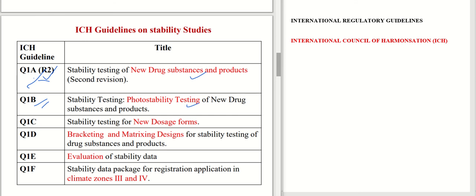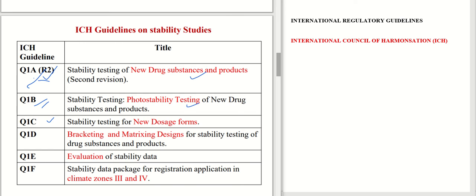Similarly, for new dosage forms, for example, if we discover or invent a new dosage form like a transdermal patch, we need to go in accordance with the stability testing that is given in Q1C. And Q1D gives the guidelines on bracketing and matrixing designs for the stability testing of drug substances and products.